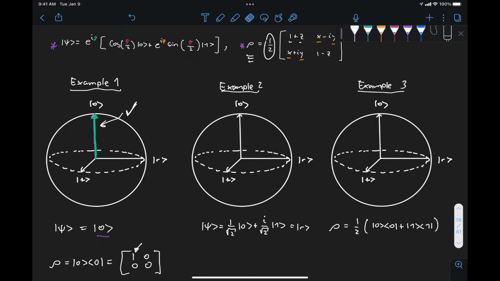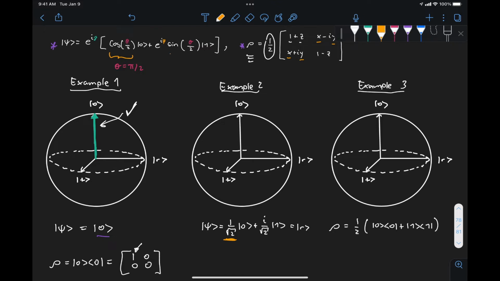So in order to get this 1 over root 2 here, that means that this term of cosine of theta over 2 must be equal to 1 over root 2, and that happens for a theta equal to pi over 2, so that the cosine of pi over 4 gives us the 1 over root 2.